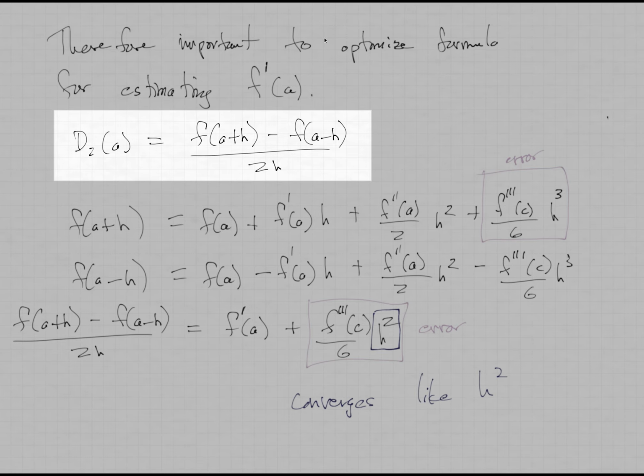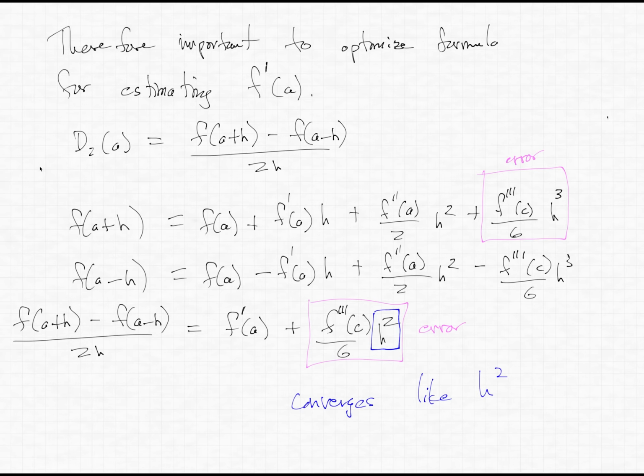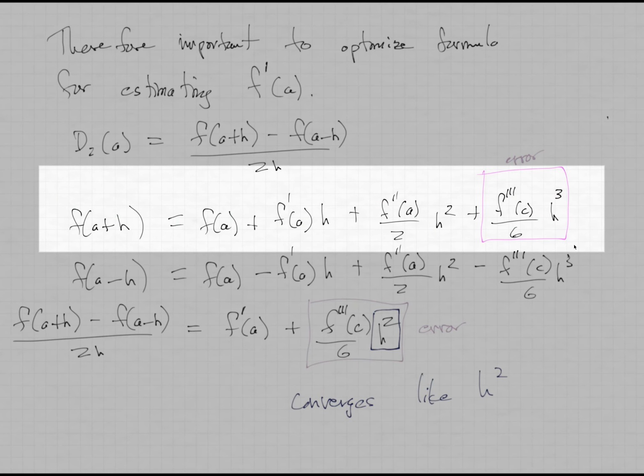So let's do the error analysis again. This time I'm going to use the Taylor series to do the error analysis. I'm going to carry out the Taylor series to the second order term, and therefore it'll have a third order error term.